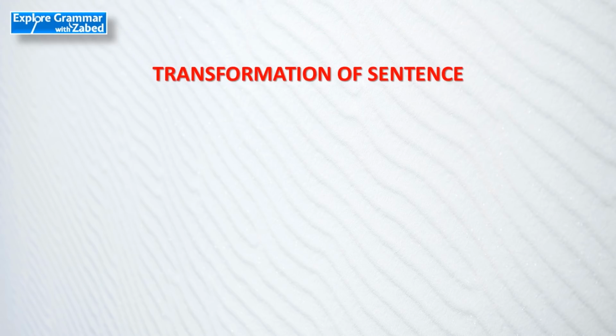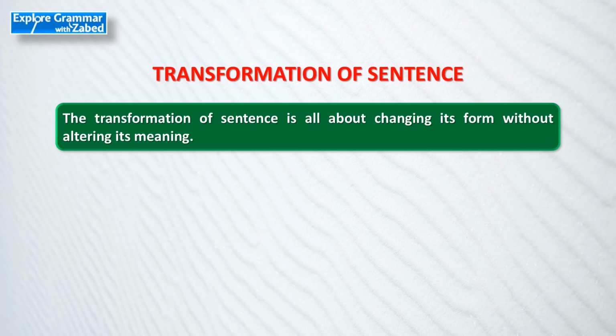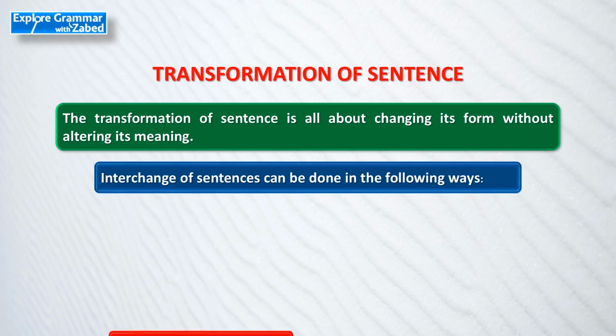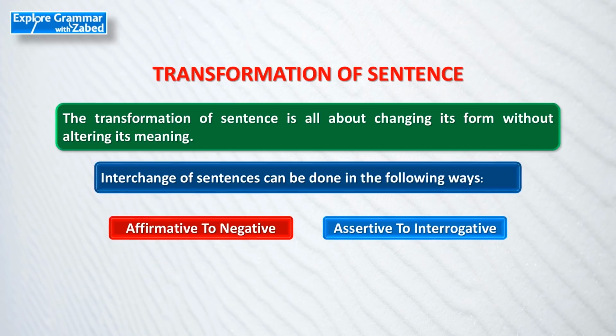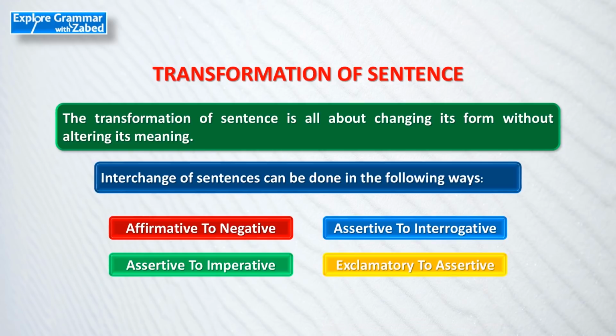Well, for transforming a sentence, we have to transform just the type of sentence. Usually, the transformation of a sentence should be done without changing its meaning. Sentences can be transformed from affirmative to negative, assertive to interrogative, assertive to imperative, exclamatory to assertive.